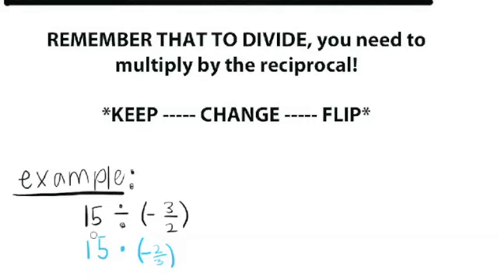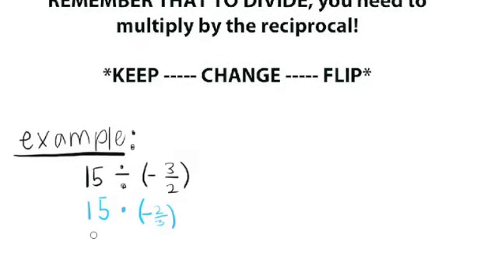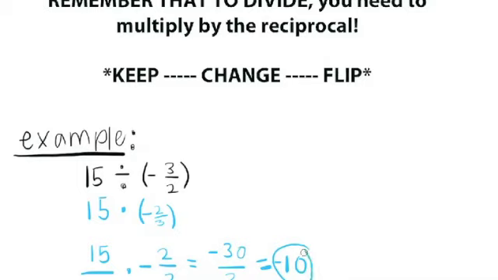If I want to multiply, I take this 15 and turn it into 15 over 1 times negative 2 over 3, and just multiply straight across. 15 times negative 2 is negative 30. 1 times 3 is 3. Check if you can reduce this. You can reduce it, right? It goes into 10 times, and then I have to preserve this negative. So the final answer for this is negative 10.